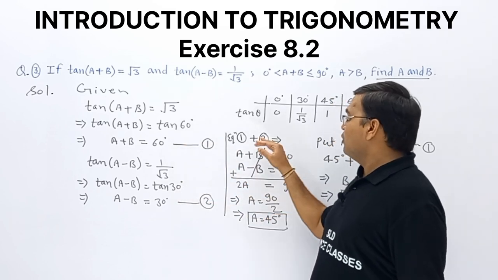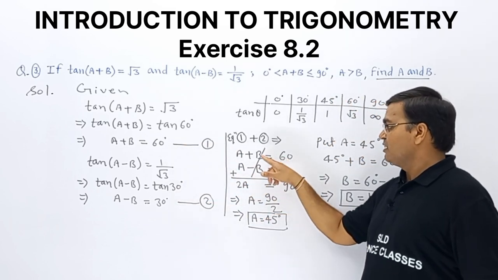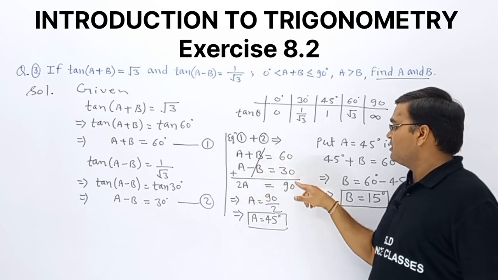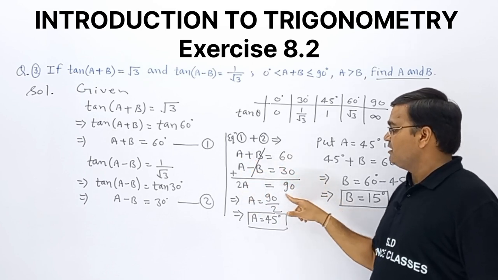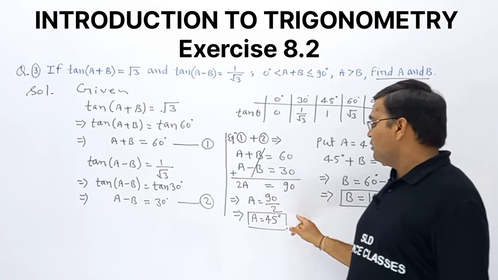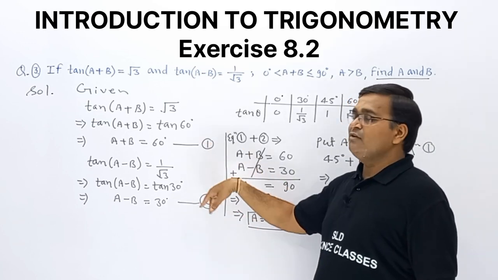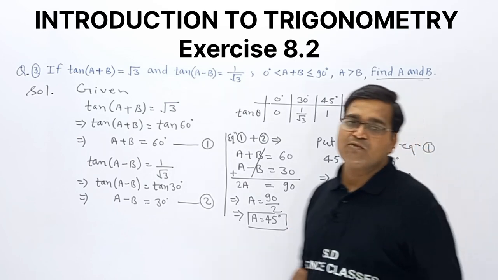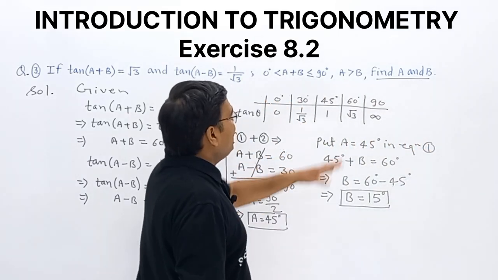Once we add both, B will be cancelled. 2A equal to 60 plus 30, which is 90. So after solving, we are getting A equal to 45 degree. Once we put this value in any one of these two equations, we get B. So what are the values of A and B?